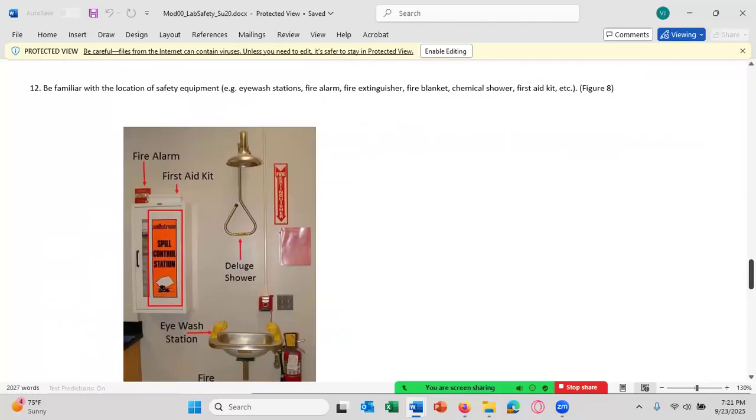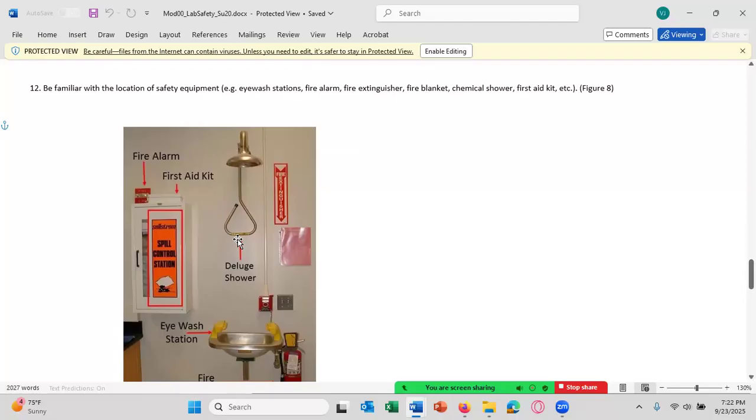Here's some safety equipment we have in the microbiology lab. A fire alarm, if ever there's a fire, you can hit that. First aid kit, if ever you need a first aid kit. That is a fire blanket right there, which you can wrap around someone to put out a fire. You can also get under the deluge shower and have the water put out the fire.